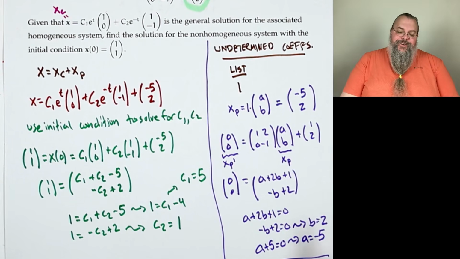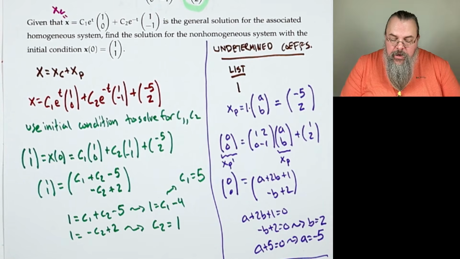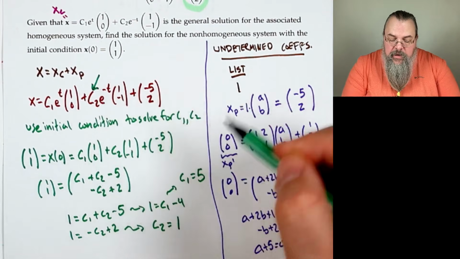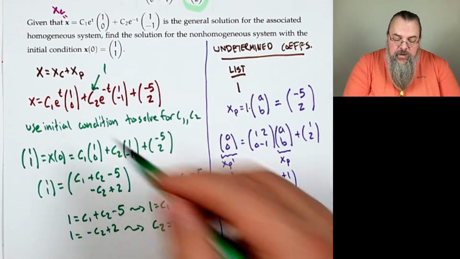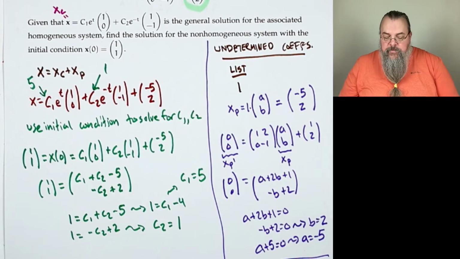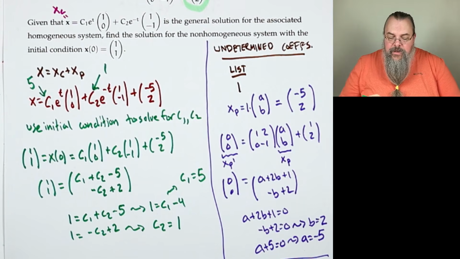Cool. With that out of the way, this C2 up here is going to become a 1, and this C1 is going to become a 5, because that's what we solved for. Now we're basically done.